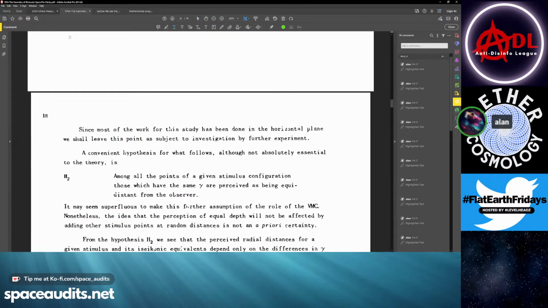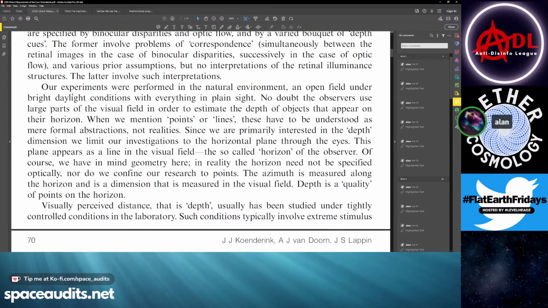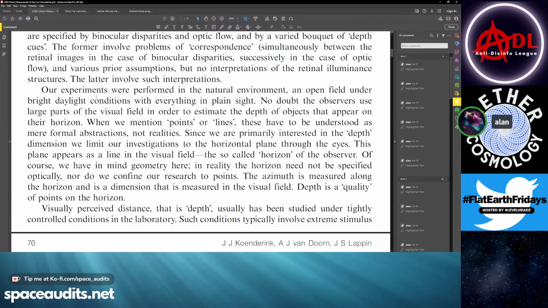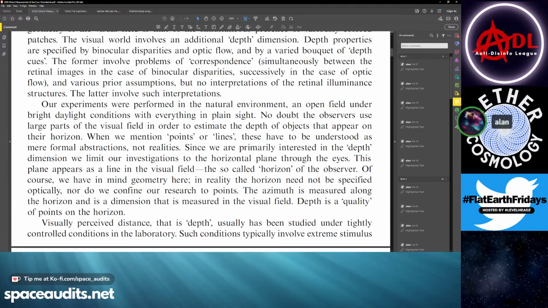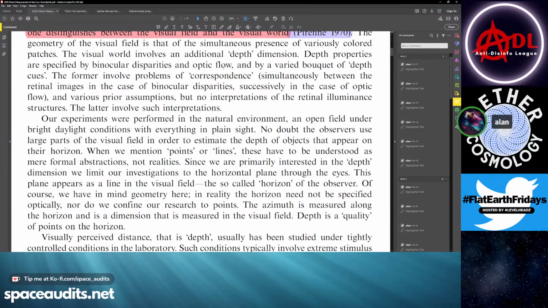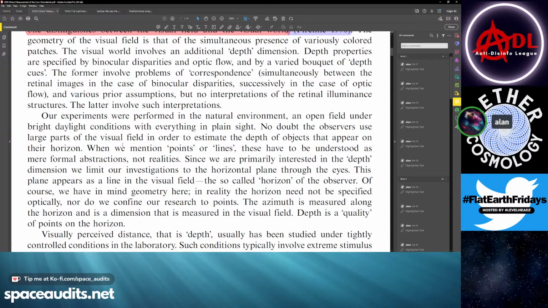They're talking about the history of that, and they're saying how their experiment is done in broad daylight. So this is the difference. Similar kind of reference, but they're doing it in broad daylight to give the full context of what they were just talking about here with the depth disparities and the luminous structures and all that. All right.